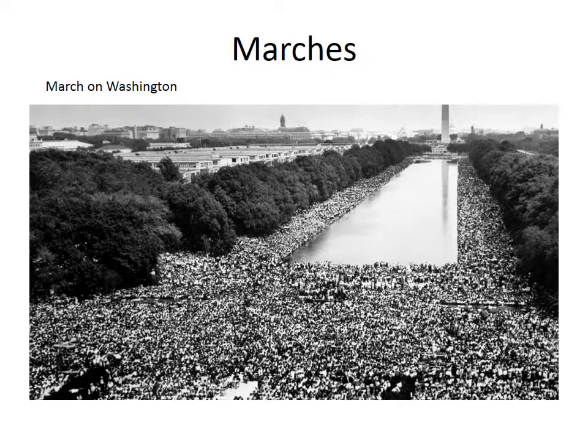This is where Martin Luther King Jr. is going to give his famous "I Have a Dream" speech. Again, this is all very peaceful. It involves black and white people, but another important thing to note is that it's very public, right? The media is there. It gets a lot of attention, and it brings to America's attention the issue. Media plays a huge role in the events that they chose and what they chose to do.